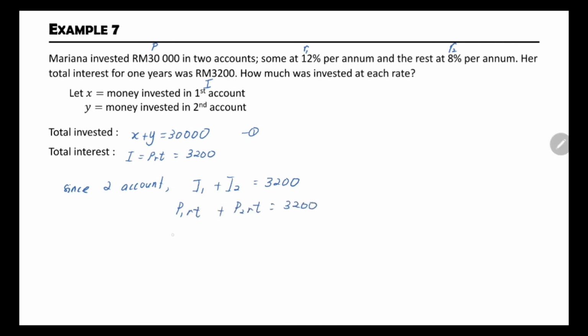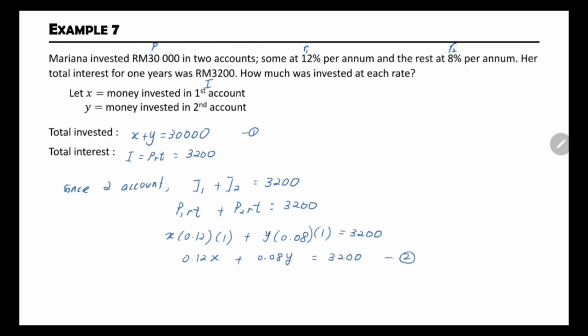So P1 is x from account 1, R is 0.12, T is 1 year, plus P2 is y, R is 0.08, and duration is also 1 year, equal to 3,200. Simplify, we have 0.12x plus 0.08y equal to 3,200.